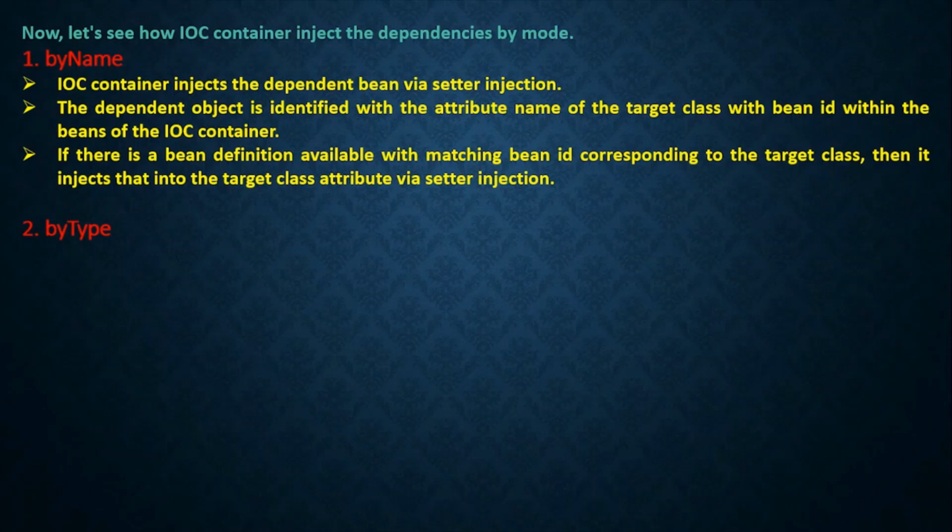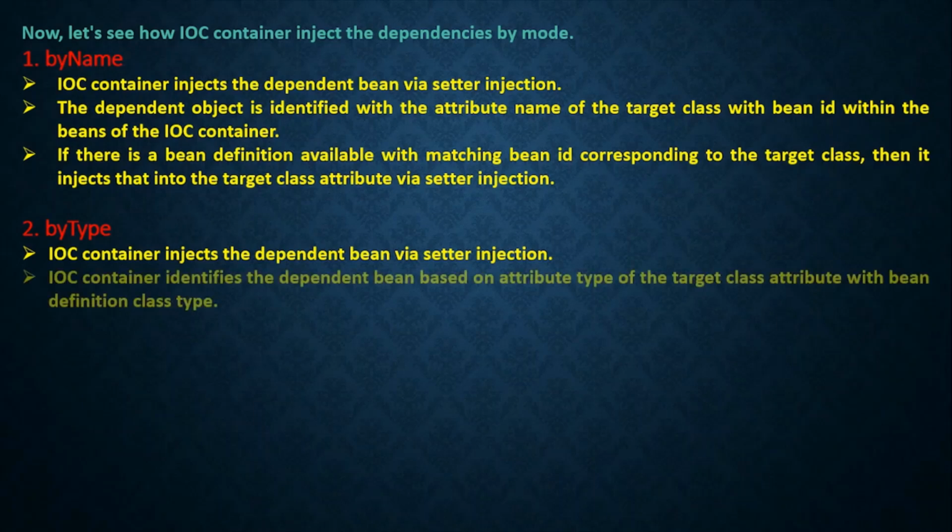Clear? But in case of by type, the type is the class type. The injection will happen via setter injection in case of both by name and by type. But here the difference is the type.